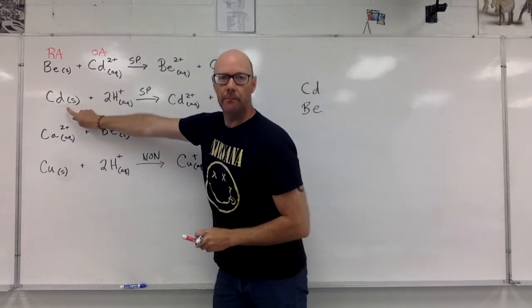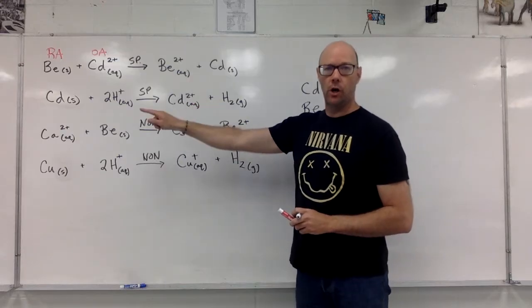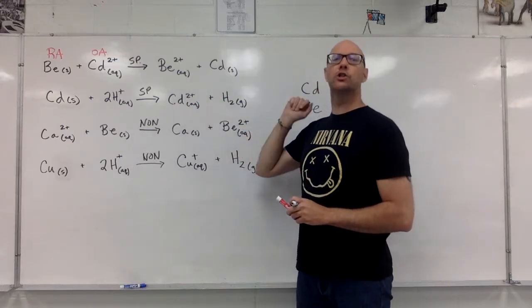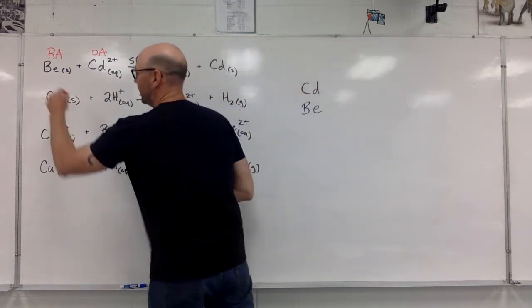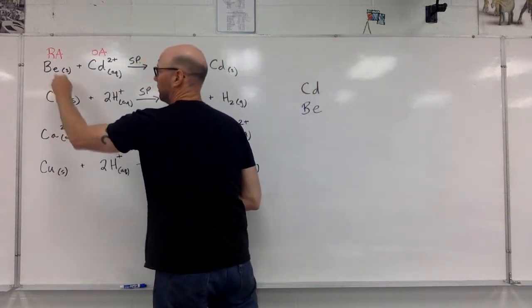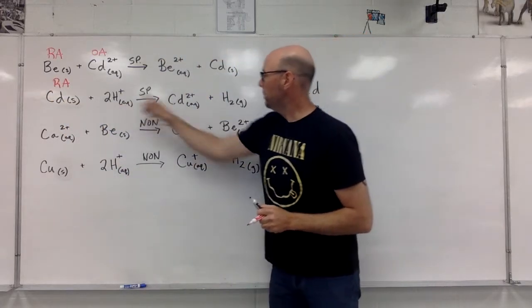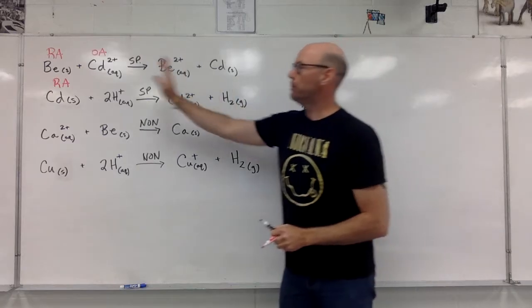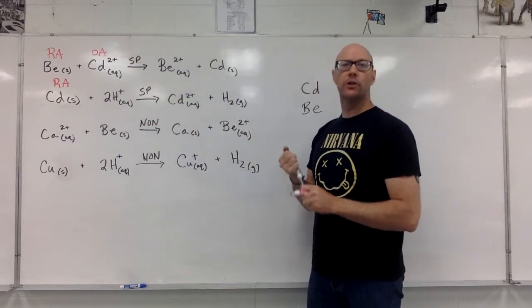This time we have cadmium solid becoming cadmium ions. The solid becoming positively charged, losing electrons. It was the reducing agent. I have hydrogen ions becoming hydrogen gas. The positive ion becoming neutral by gaining electrons, by getting reduced.